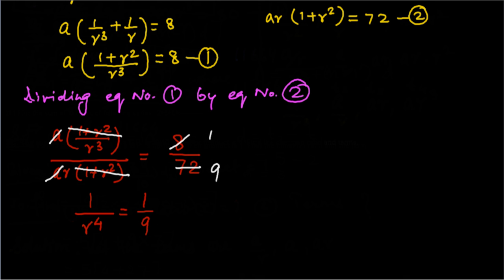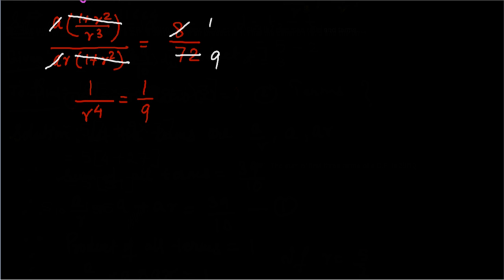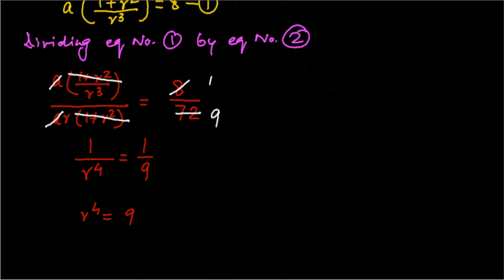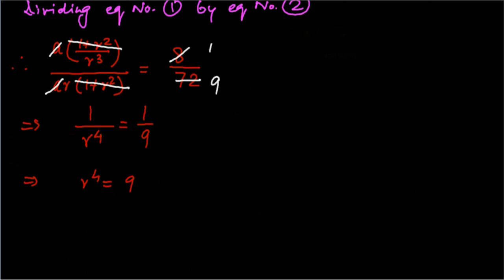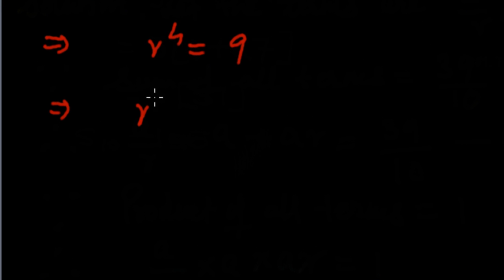Now R power 4 is equal to 9. Therefore, we have to take the fourth root: R power 4 is equal to plus minus root 3 power 4.